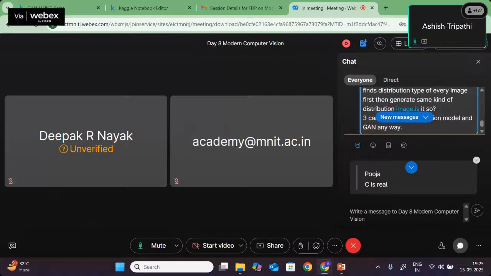The third question is, can we connect diffusion model and GAN model anyhow? No doubt the concepts of the diffusion model and the GAN models are a little bit different. Why is it so? Because GAN models start with random noise, whereas the diffusion model starts with the original image and keeps adding noise over the course of iterations, corrupting the original image and making it a fully noisy image.